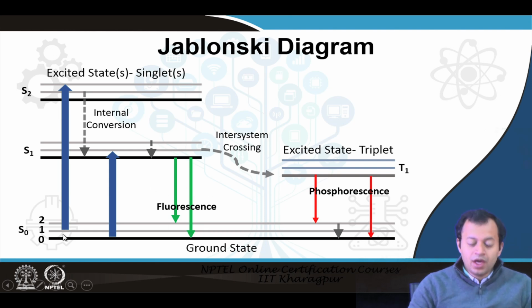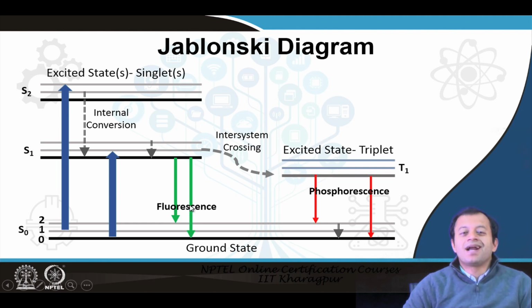So, therefore, there is a mismatch, a gap, a difference. The photon that is absorbed takes it to a different level, and the photon that is emitted comes from a different sub level of the same energy band. This fluorescence happens at a rate of around 10 nanoseconds, 10 into 10 to the power minus 9 second.